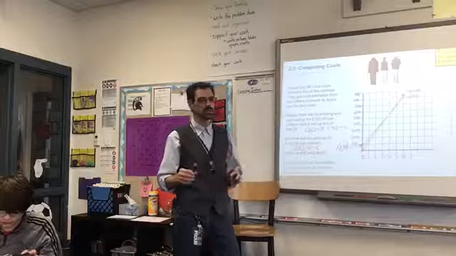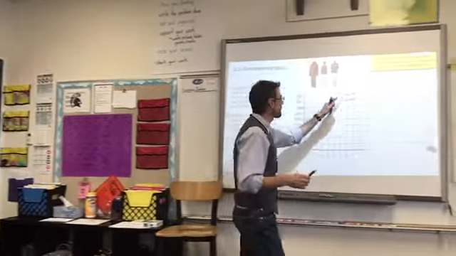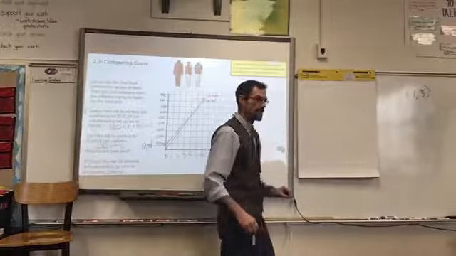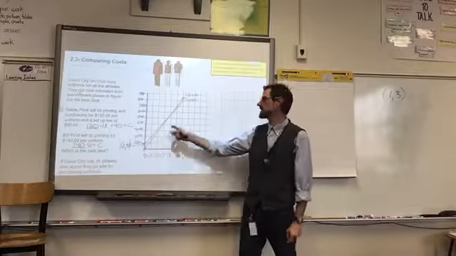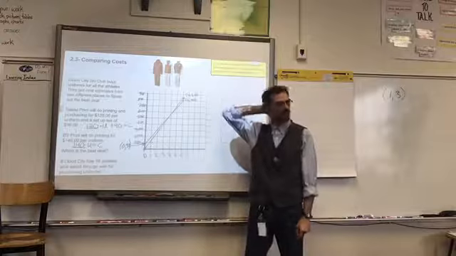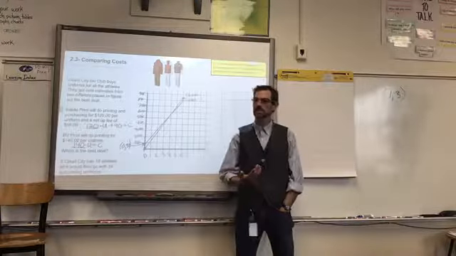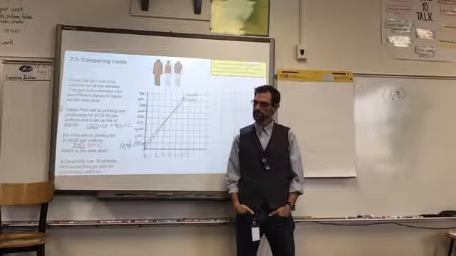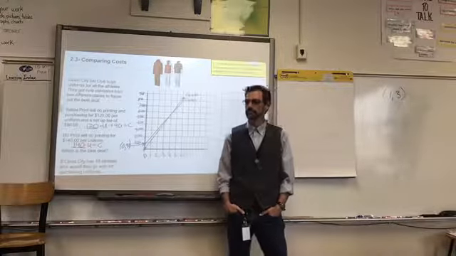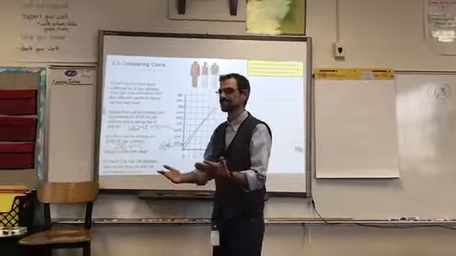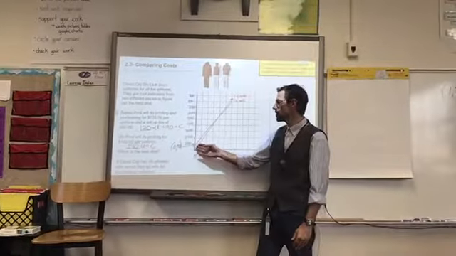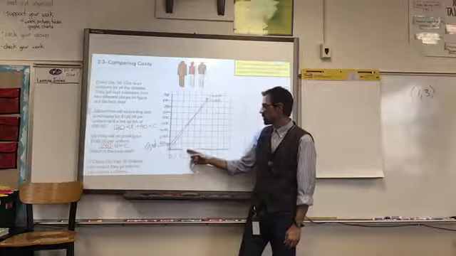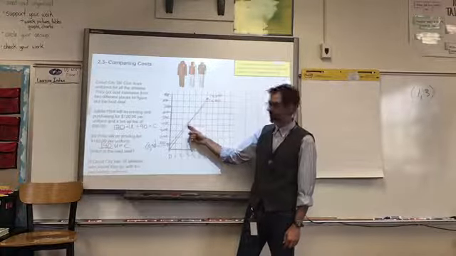But wait a minute. Why is it that even though I'm paying less here, all of a sudden I'm paying more up here? What happens, David? They have a higher rate, so over time they'll cross. Even though here it's cheaper, if I only buy 1, 2, 3 uniforms, it's still cheaper.